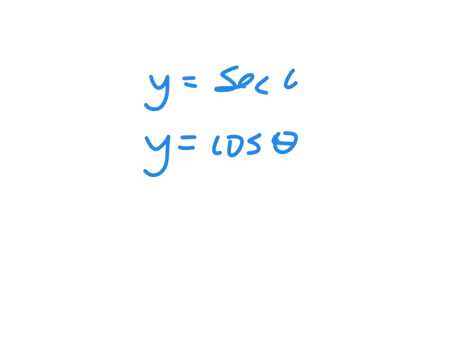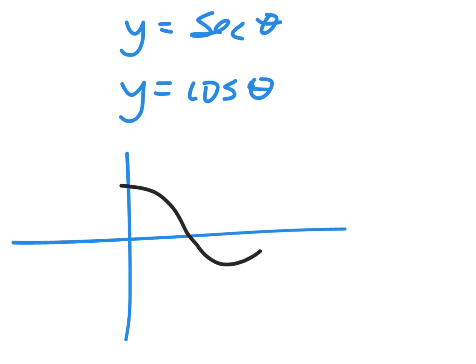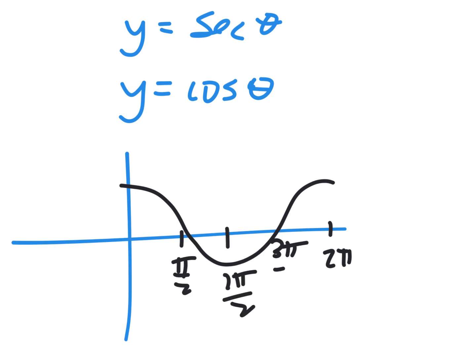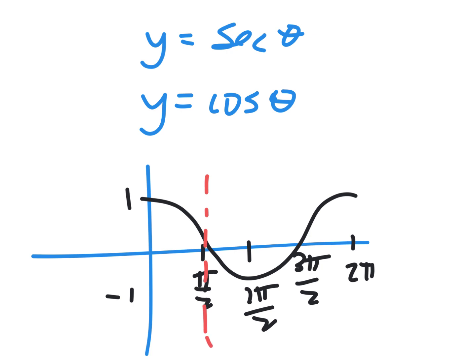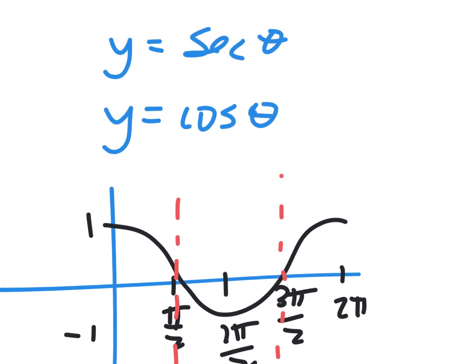Secant. So, the speed version. Watch. Mr. Server graphs cosine, which stops at 2 pi. It starts at 1 pi over 2, 2 pi over 2, 3 pi over 2, with values 1, -1. And then if I want asymptotes, they'd go here and here, because that's where secant has asymptotes, because it's 1 over cosine.